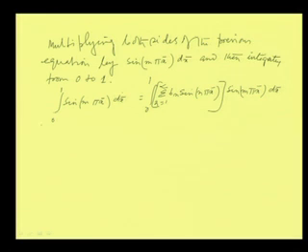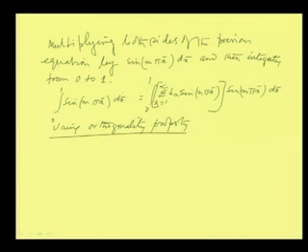So, using the orthogonality property, we can write the integral from 0 to 1 of sin m pi x bar dx bar equals b m times the integral from 0 to 1 of sin square m pi x bar dx bar.